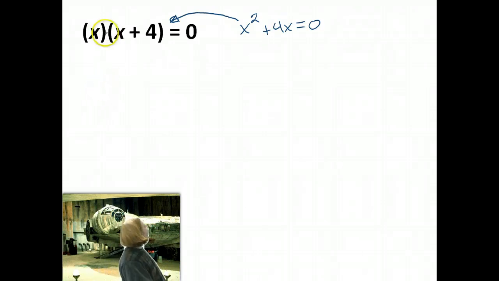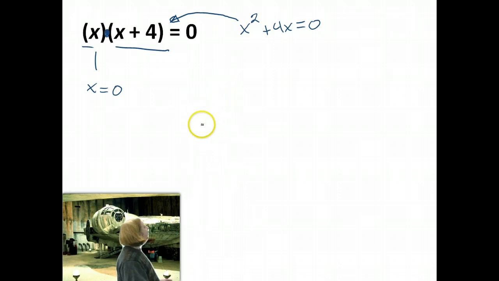So I can set each of those independently to 0. This first factor becomes x equals 0. Or, keyword, the second factor has to equal 0.